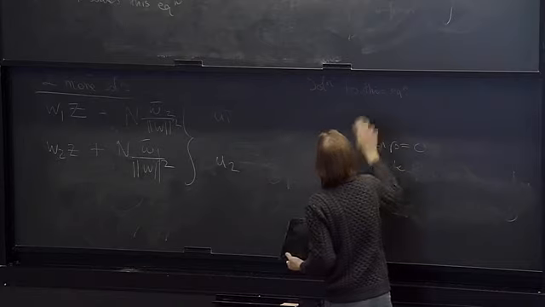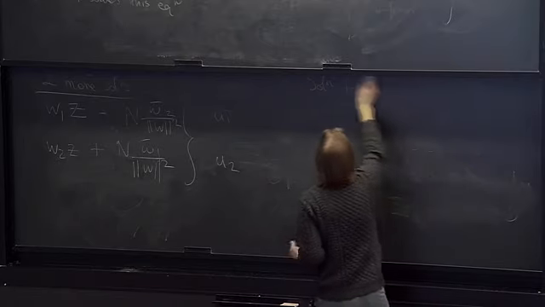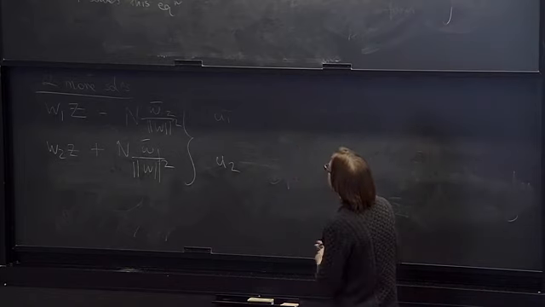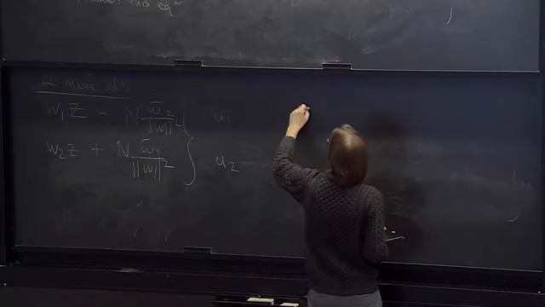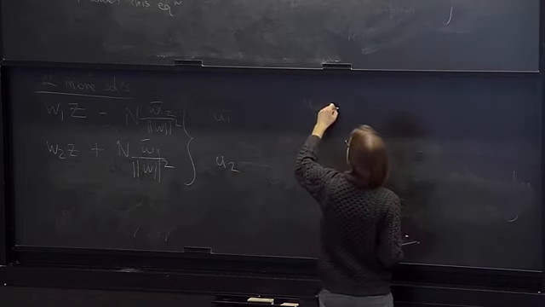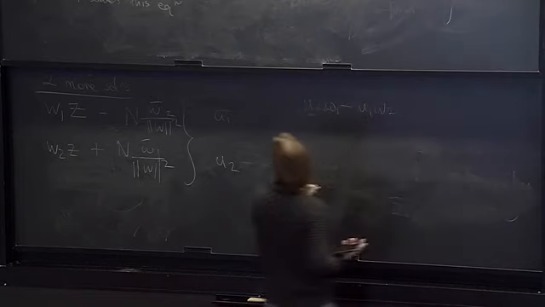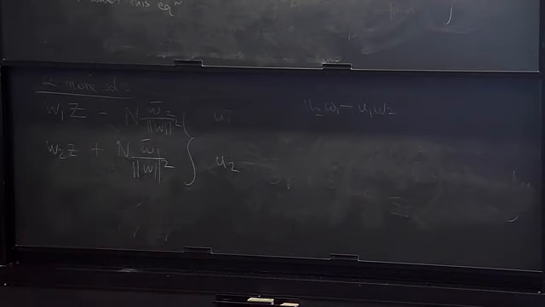However, of course, it's a 3-dimensional manifold, so there should be some relation. And let's look at U2 W1 minus U1 W2. For U2 W1, I get this W1 W2 Z. Here I'll also get a W1 W2 Z, so they'll cancel.